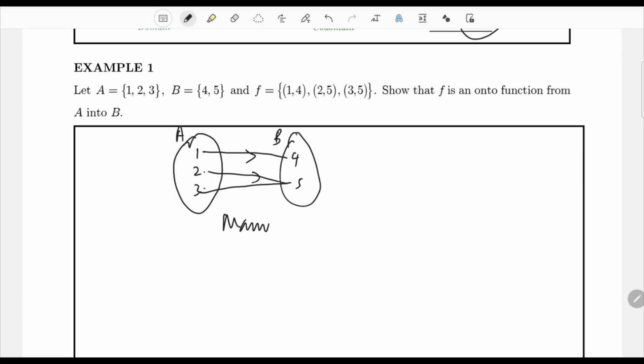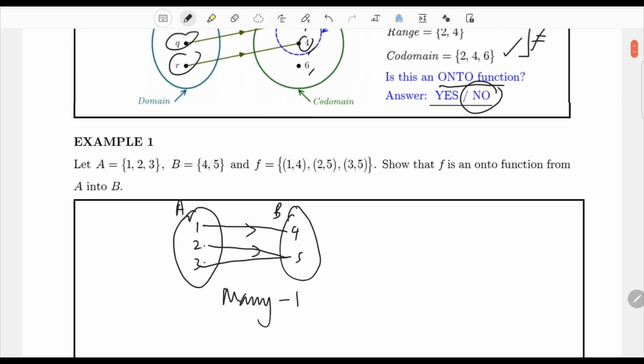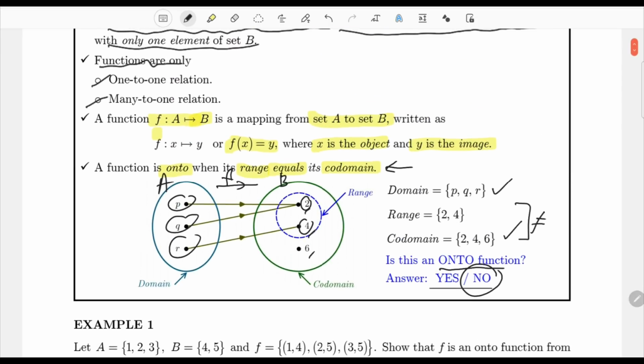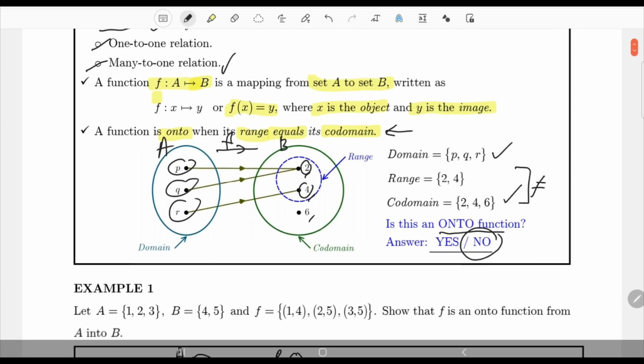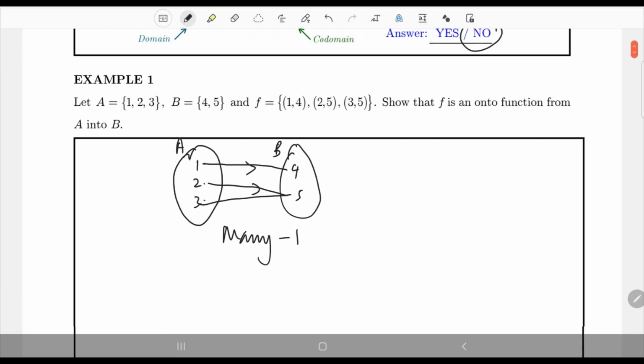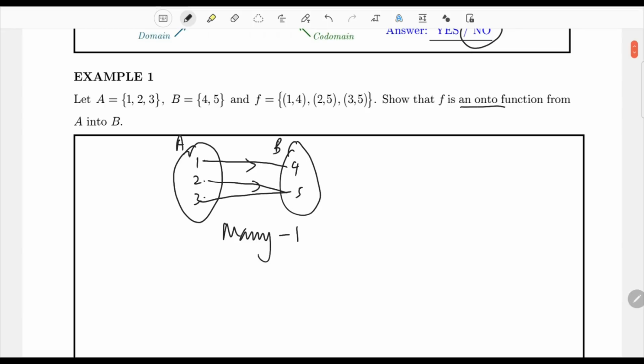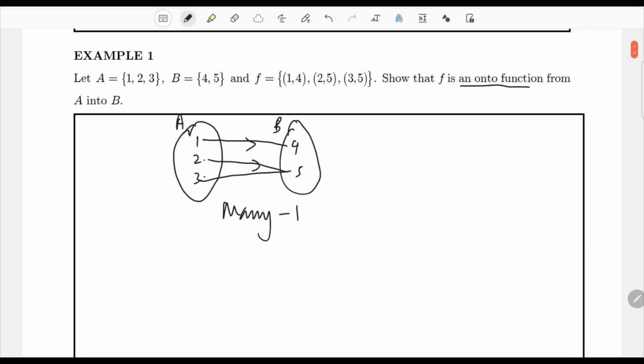So this is many-to-one. Is this a function? Many-to-one? Yes, it is a function. Now show that it is an onto function. We have our domain, which is 1, 2, 3. Our range will be 4, 5.